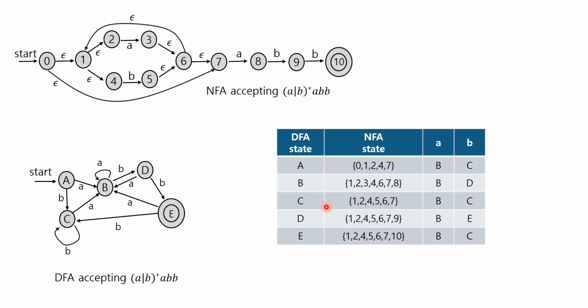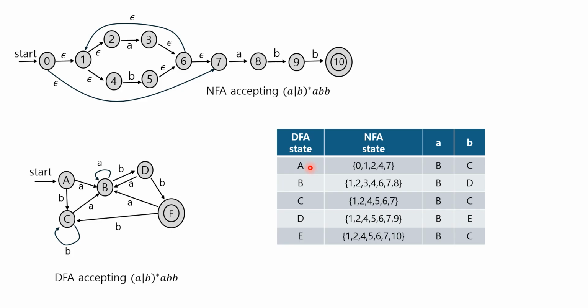So using this table, we can construct the DFA accepting (a|b)*abb, which is the same regular expression representing the NFA up here.